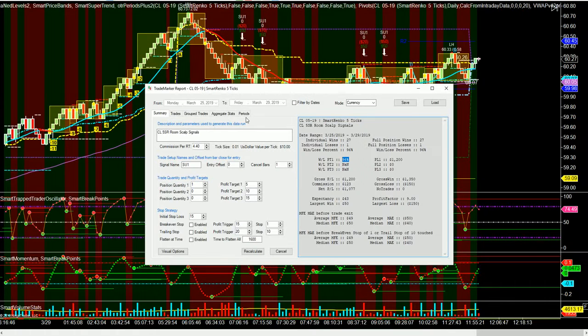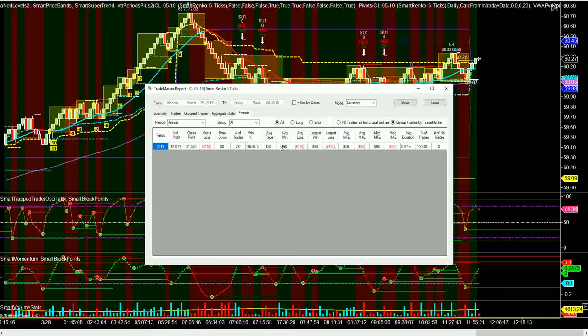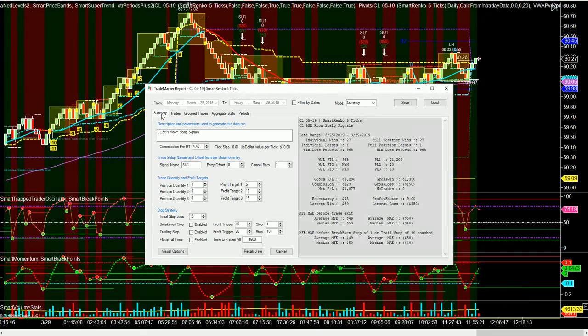Here's a super interesting thing about this pattern: if we go over here and take a look, the average duration of this pattern is 0.57 minutes, about 40 seconds. As I said, we've got some members in the room trading 10 lots or even more on these particular patterns.